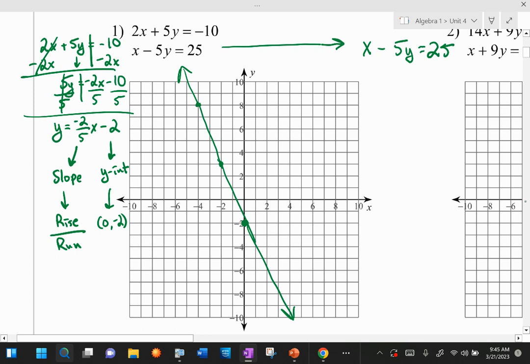I had a 2x right there, and how did I move that? I subtracted 2x. So I just subtract x. You've got to be able to look back at your own work. Okay, x's cancel out. Gives me negative 5y equals negative x plus 25.